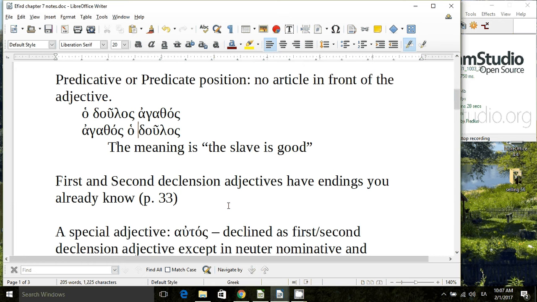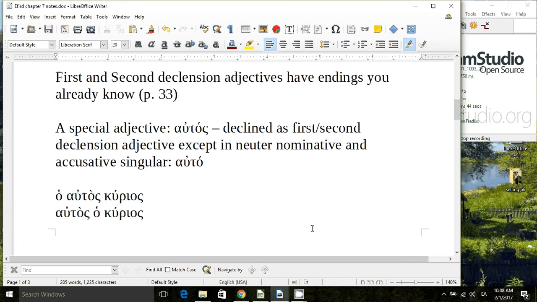So no article on the adjective here. You see agathos, there's no article on it. That's the predicative or predicate position, and it means the slave is good. We already reviewed the endings, but you can see them all again on page 33, all in one place. Again, you've already learned these endings, so that's great. No new endings to learn in this lesson.